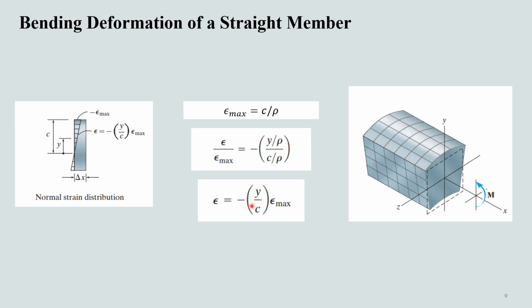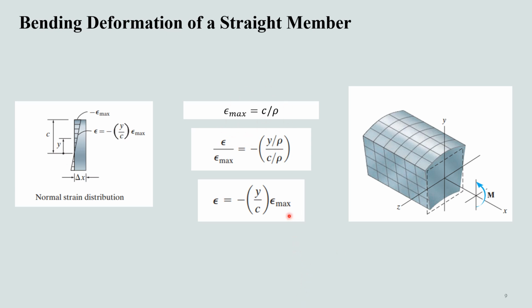So y over c is the ratio of the distance from the neutral axis to the location where you find the strain, to the distance to the outermost fiber, and epsilon maximum, the maximum strain, you can determine using this formula.